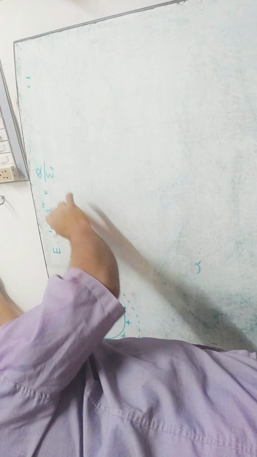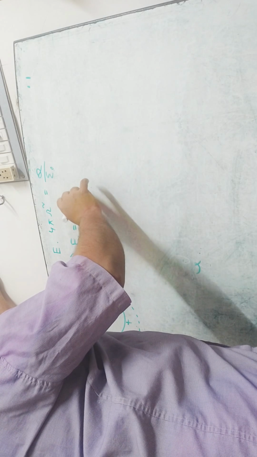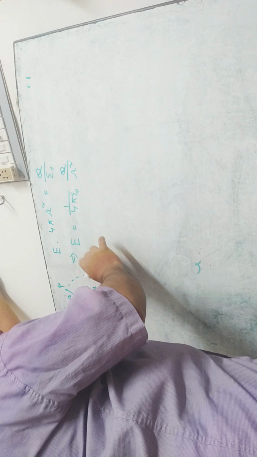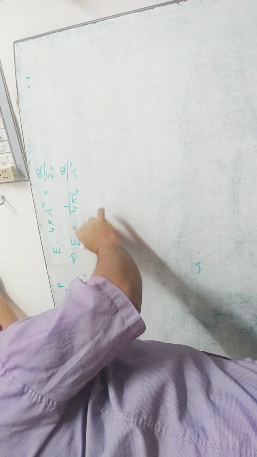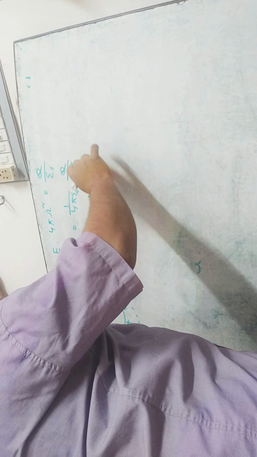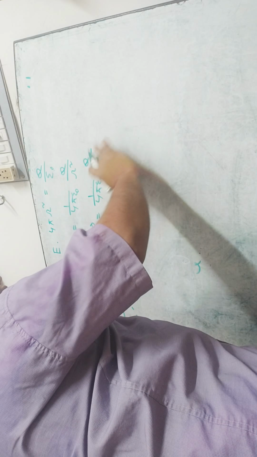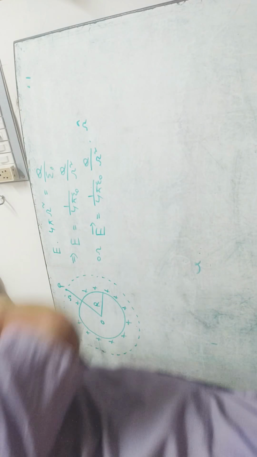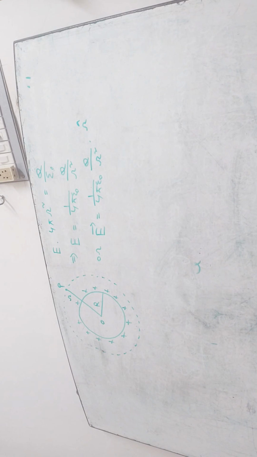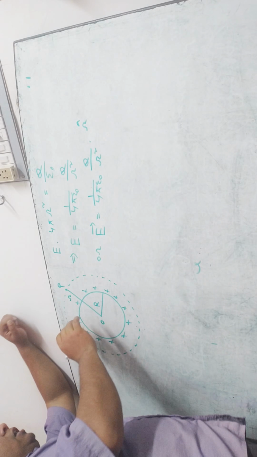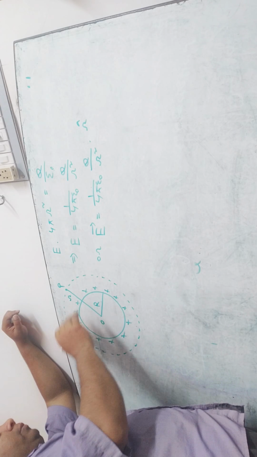This gives E is equal to 1 by 4 pi epsilon 0 q by r square, or E vector is equal to 1 by 4 pi epsilon 0 q by r square into r cap, where r cap is the unit vector of r vector and capital Q is the total charge of the sphere.